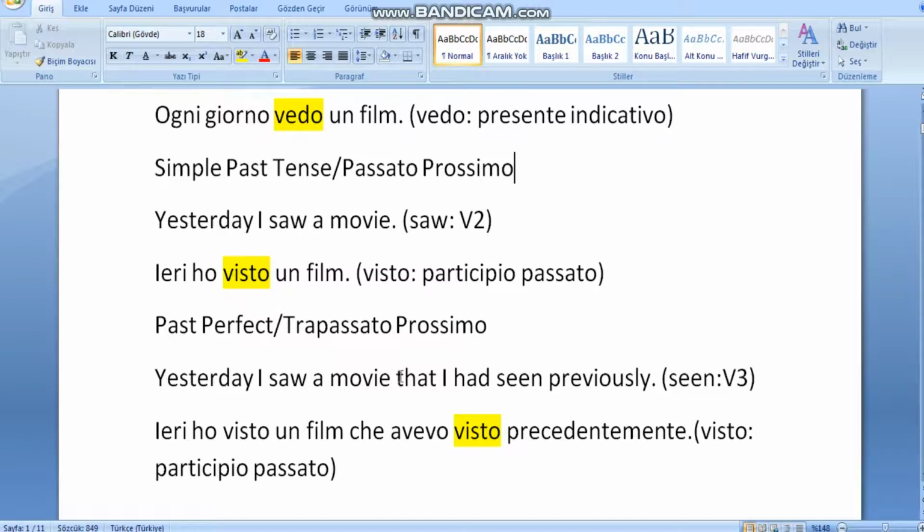So in both tenses, either in passato prossimo or in trapassato prossimo, which is past perfect tense, we kept using the past participle of the verb vedere, visto, which only in the present indicativo, present indicative tense, remains as vedo.